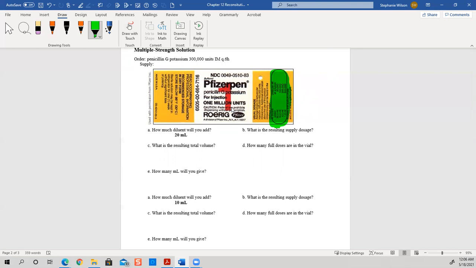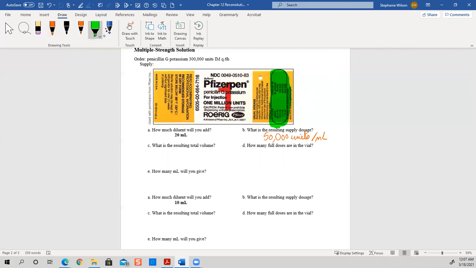If diluted, will yield 50,000 units per milliliter. So let's start with that. A asks us, when you dilute 20 milliliters, what do we get? And we get 50,000 units per milliliter.